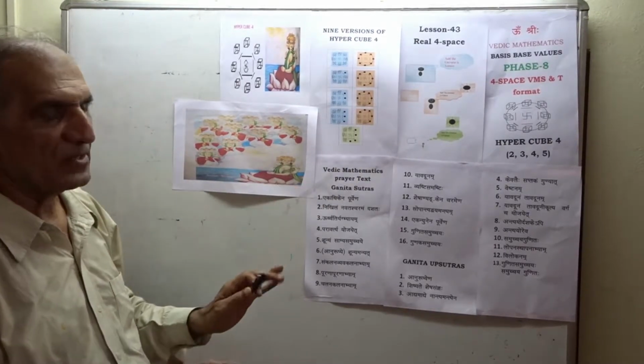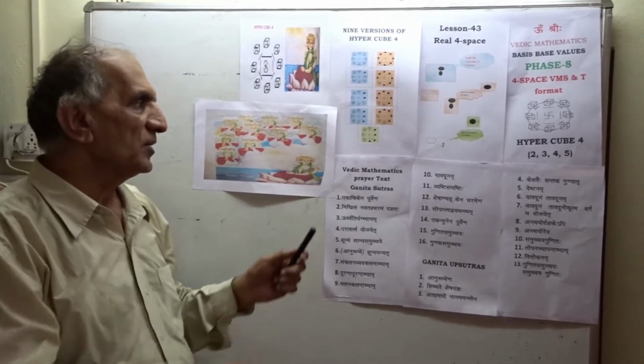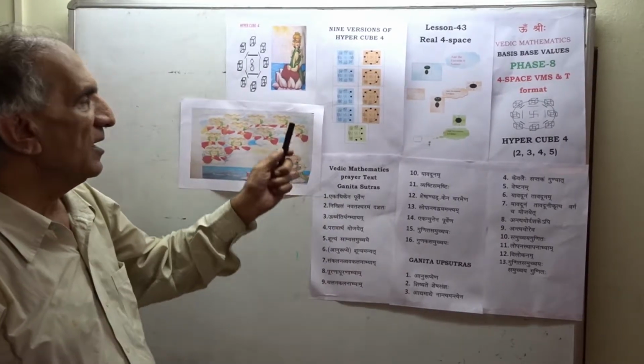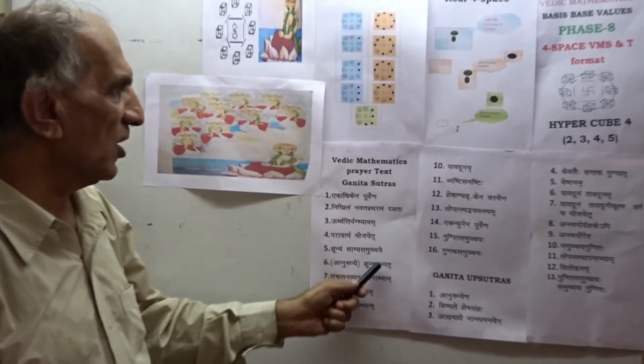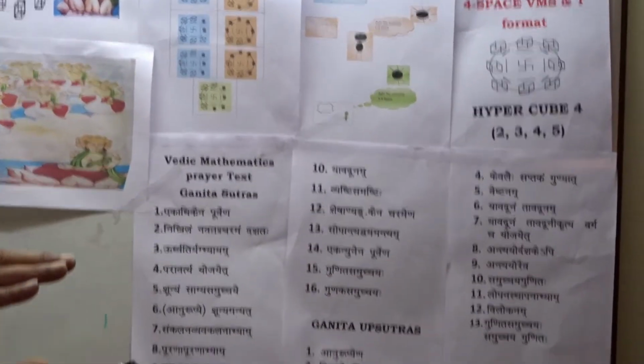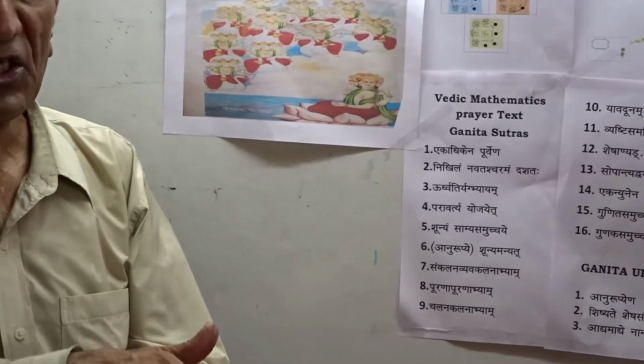It is in fact a Vedic way, a way of the Ganita Sutras, a mathematics, science and technology format of the Ganita Sutras, and it is this format for which we are initiating ourselves.